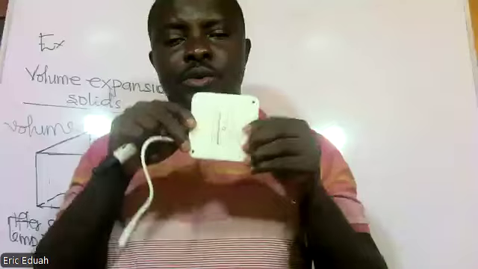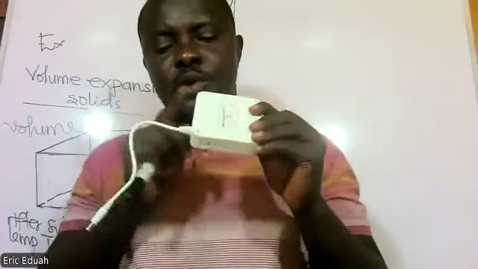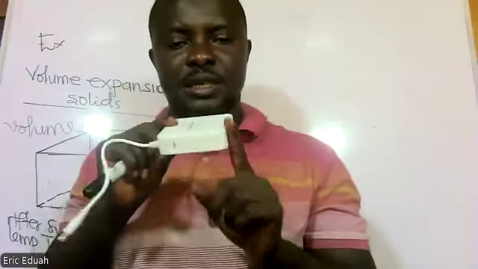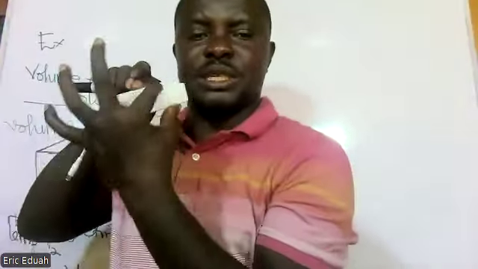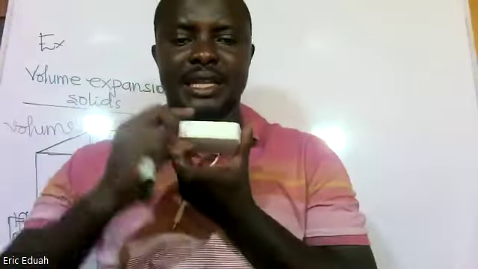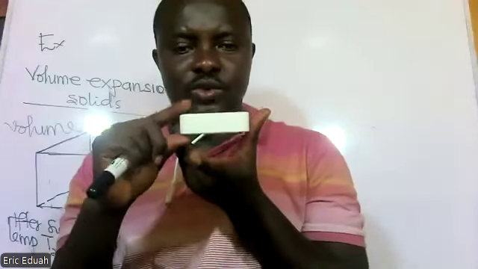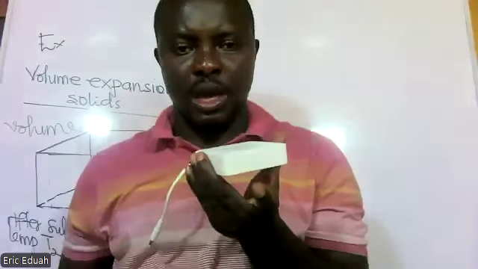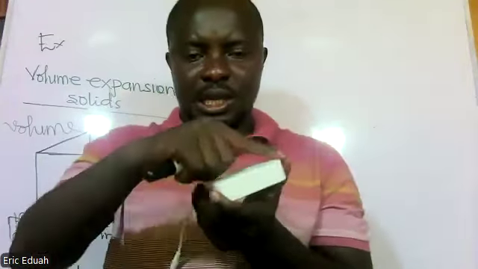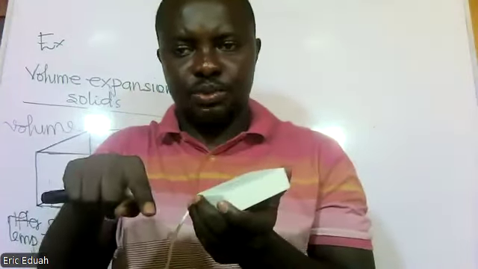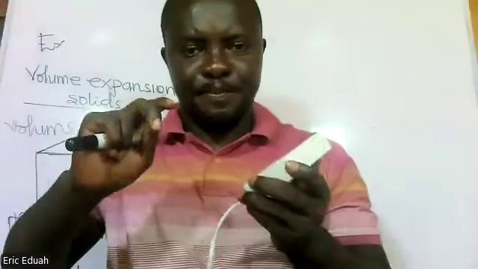At least what I have in my hand, we have one side of it, another side, and then the thickness, which is its height. Something like this will go through volume expansion, meaning there will be an increase in its length, its breadth, and then the height.